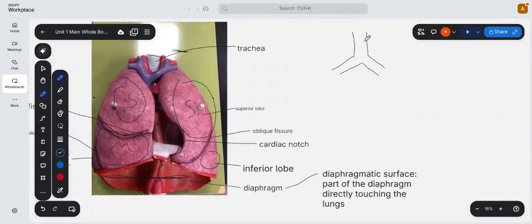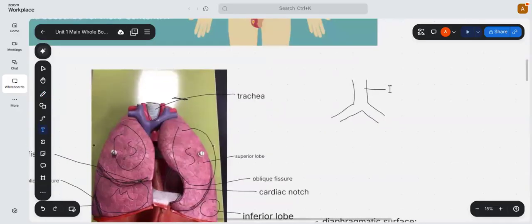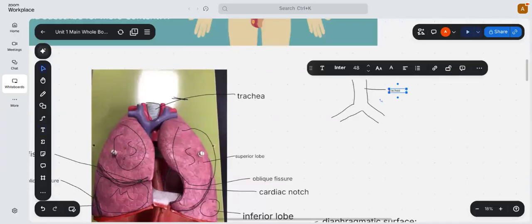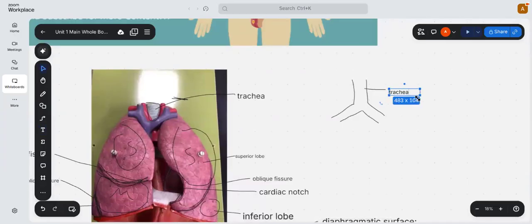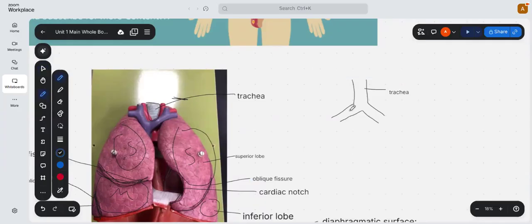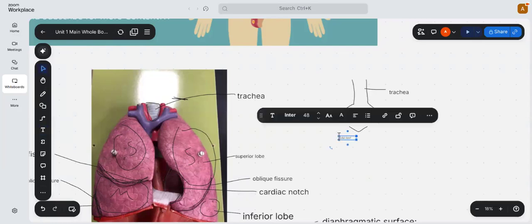So this part right here up at the top, that would be your trachea. And then the two bottom parts where it separates, so over here and over here, these two parts are your bronchi, specifically your primary bronchi.